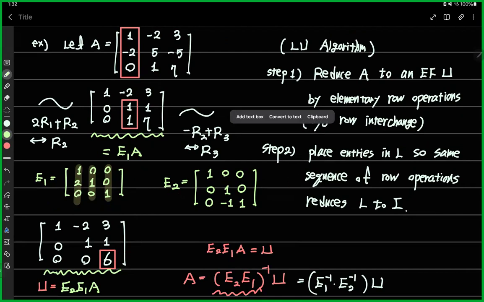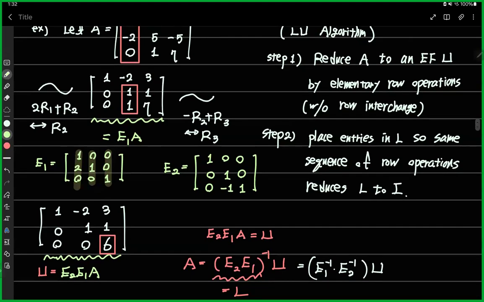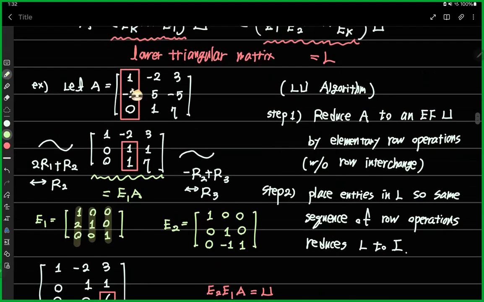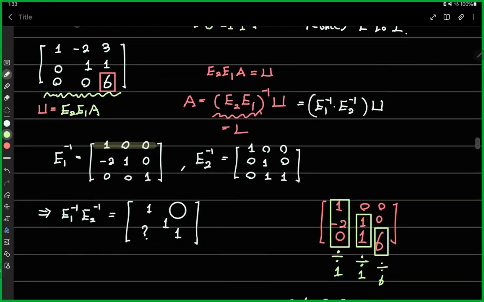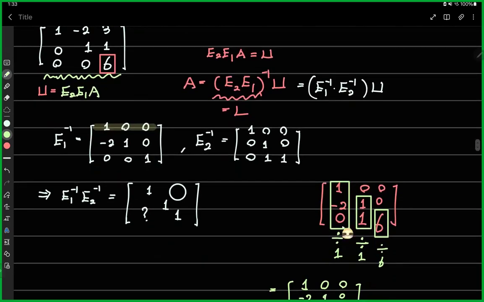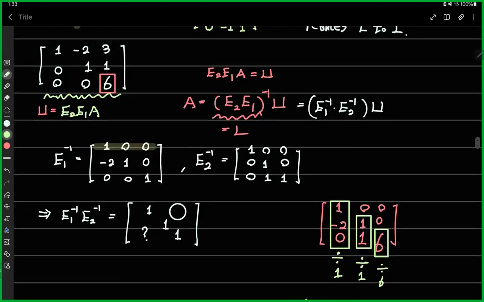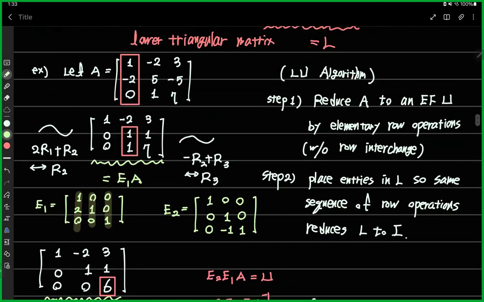In step two of our LU algorithm, we place entries in L, so the same sequence of operations reduces L to I, which means that literally we store the pivot columns and replace the columns in the identity matrix with them, and then divide them by the pivot. Okay, so we got this one.